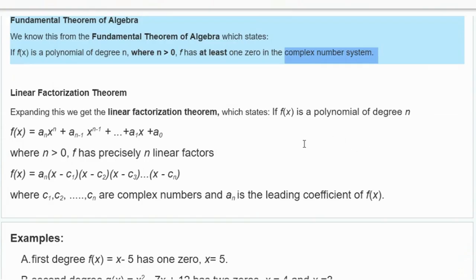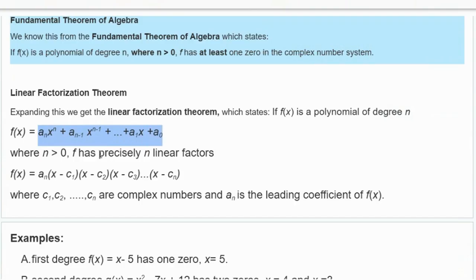So this is in very fancy math terms, it's just saying the same thing. If f of x is a polynomial of degree n, like say x to the fifth, n would be 5, so you'd have some coefficient with an x to the fifth plus some coefficient with an x to the fourth plus and so on, all the way down to a constant.